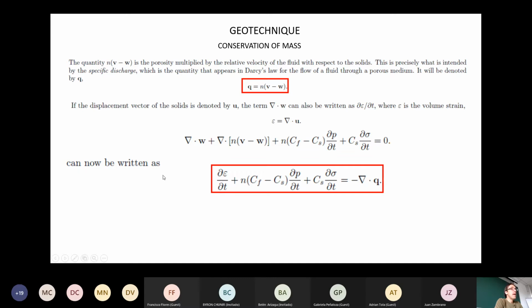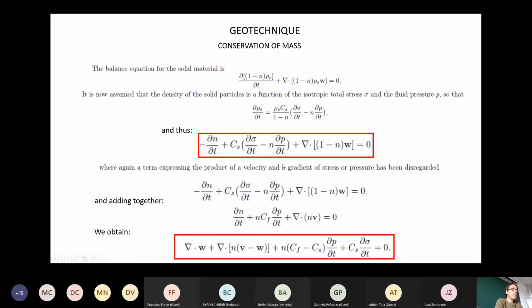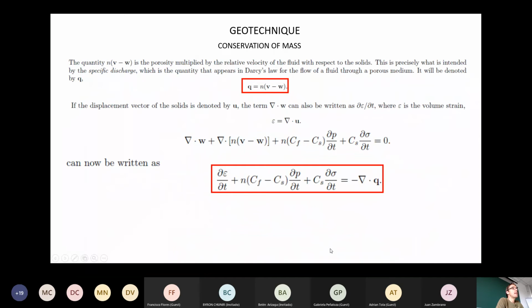This is, again, the most condensed way to rewrite this by considering, as I said, these two more principles. One is the flow of fluid defined by the Darcy law, and this one with the epsilon, that is, again, the gradient of U, of the displacement.